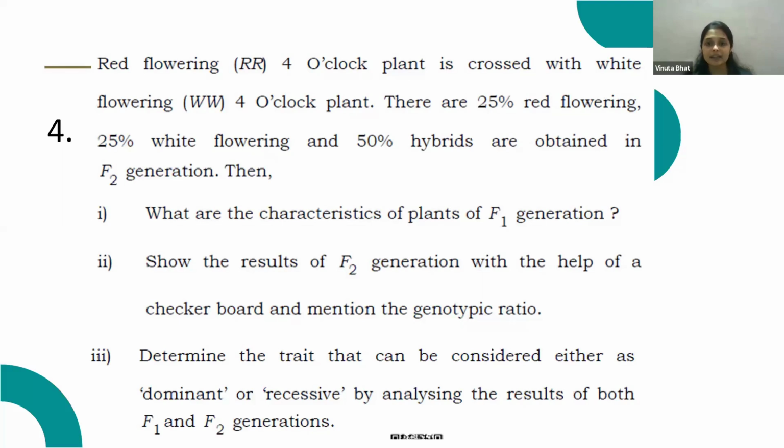And what are the characteristics of F1 plants? Show the result of F2 generation with the help of checkerboard and mention the genotype ratio. Determine the trait that can be considered either as dominant or recessive by analyzing the result of both F1 and F2. Okay.